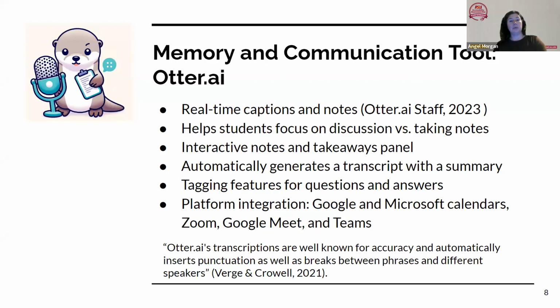The next tool I want to go over is a memory and communication tool. This is Otter.ai. It was mentioned a little earlier today when we were talking about sound. So using Otter.ai's real-time captions and notes can work for both in-person and virtual settings to enable students to concentrate on the content of the discussion rather than the task of note-taking.